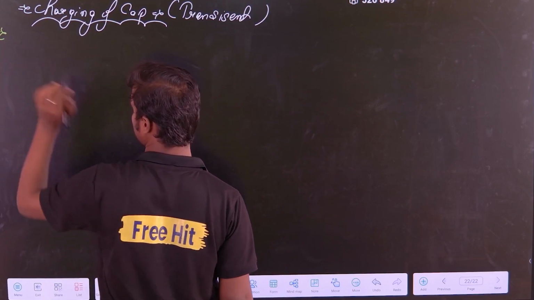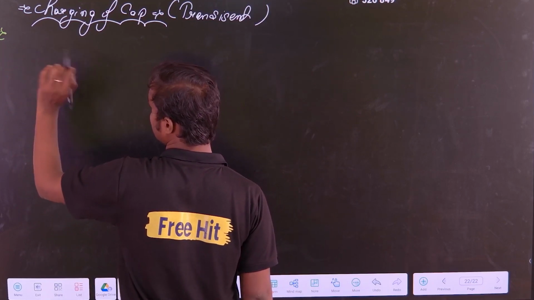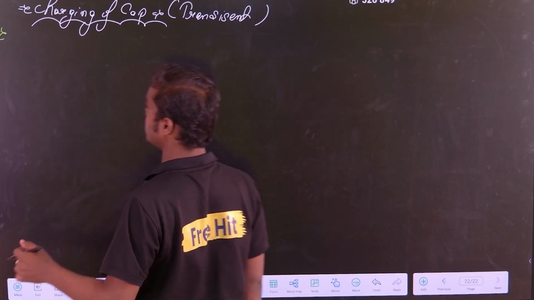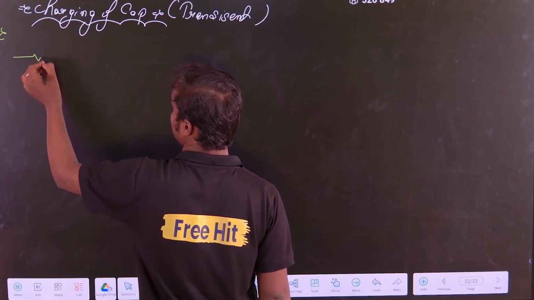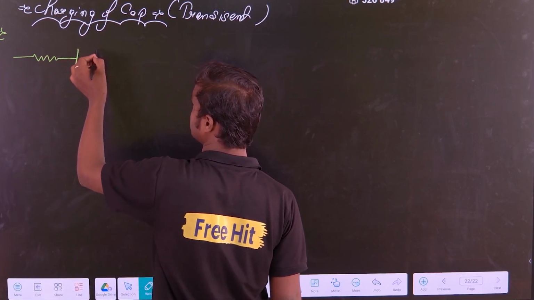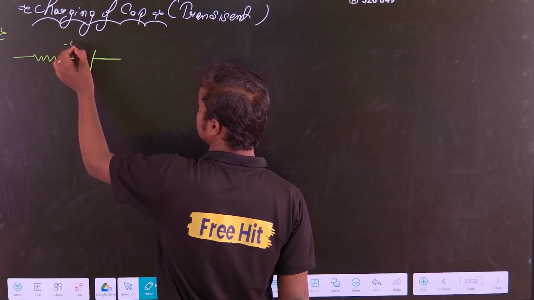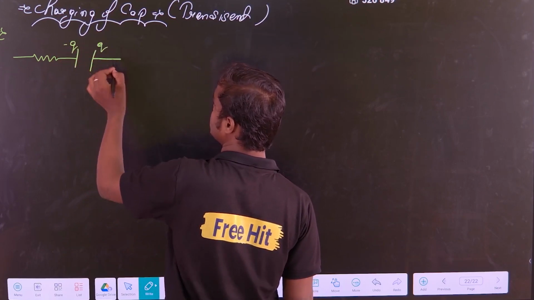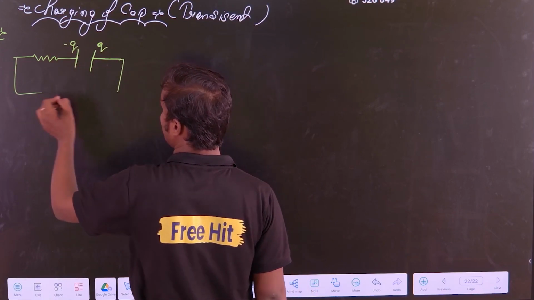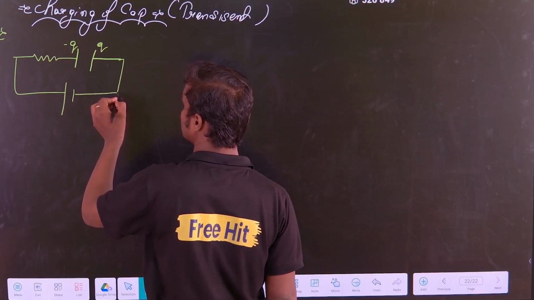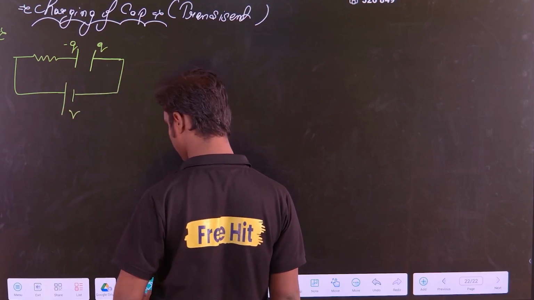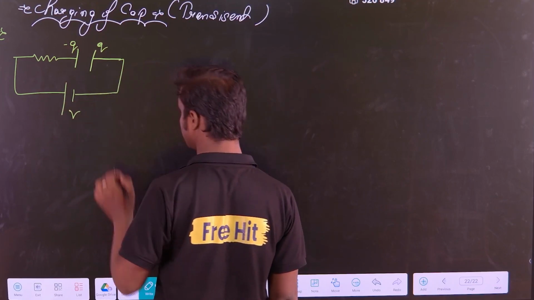Let us start the discussion. So basically in the transient state, what is going to happen? Let us analyze. Suppose we have a resistor in this circuit, and suppose the capacitor is charged to some charge small q, and it is connected to a battery of voltage V. All these things are given.